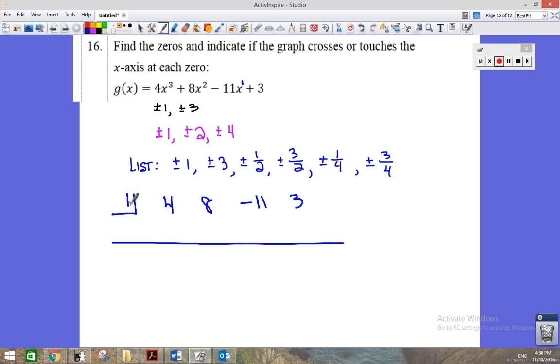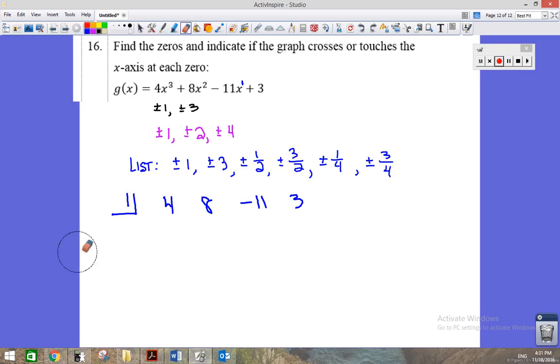Then I would know that the value there is a 0, an x-intercept of the function. But here it doesn't look like I'm going to get 0. If I pull the 4 down and multiply and add and multiply and add, here I get 4. That's not 0. So 1 is not a 0 of this function.